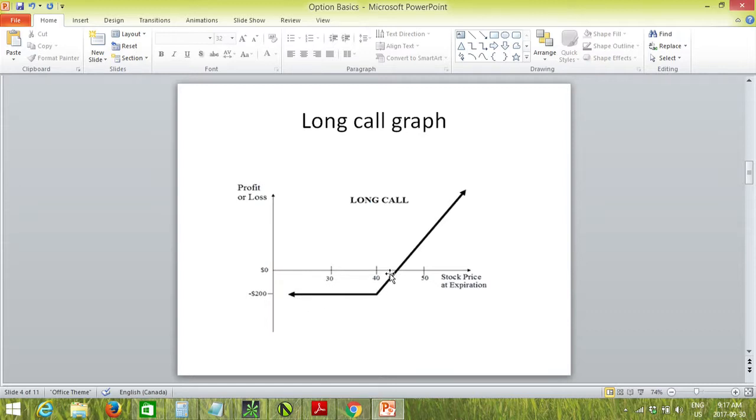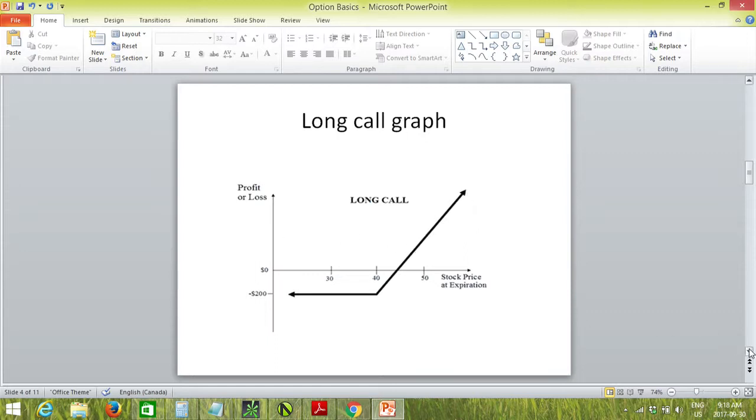So anything below $40 here, you're going to lose the premium. That's 100% of what you paid. Obviously this is $50, so if we're assuming the strike is $43, you're going to make $700 essentially if you're buying one contract, and so on and so forth.